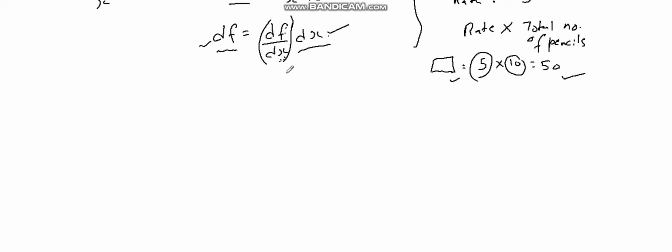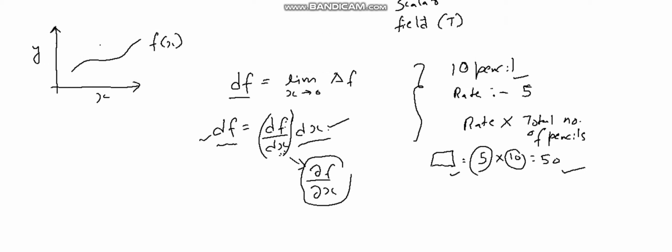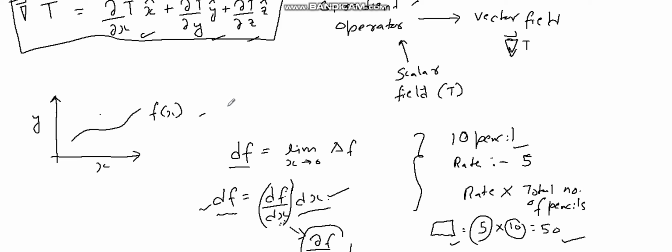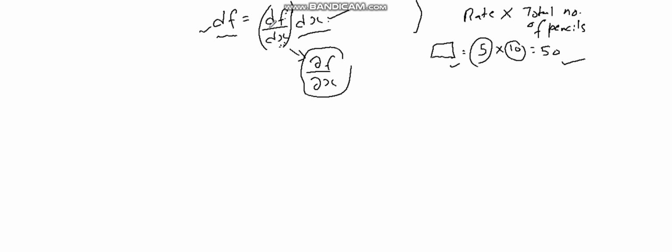Why are we not writing this as the partial derivative of f with respect to x? Because here we have only one variable function. So either we write an ordinary derivative or a partial derivative, the meaning is always the same in this case.